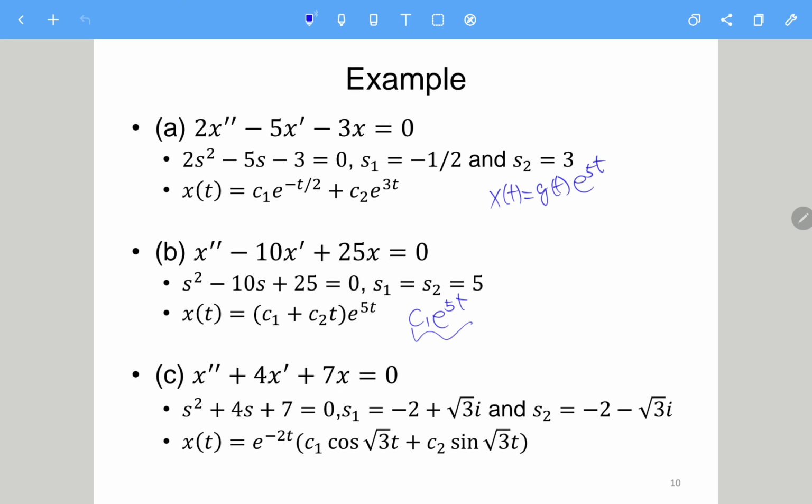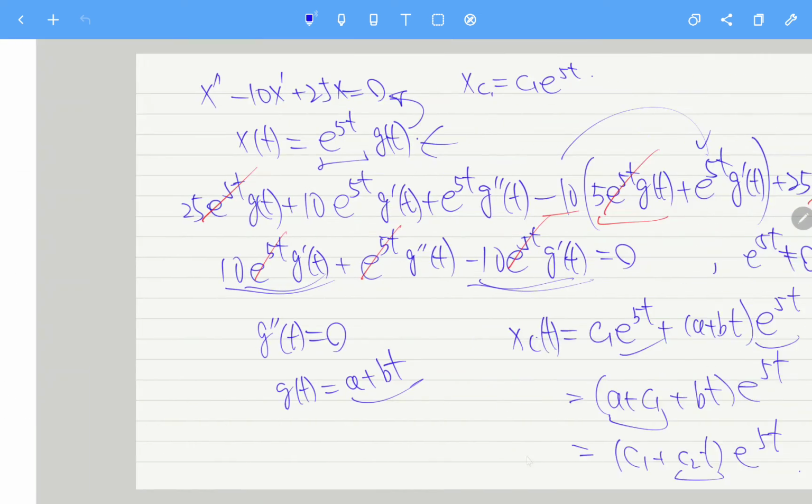You don't really need to derive it from time to time, you just need to remember, oh, this is for distinct real roots, you just plug in the real roots there, and then for repeated real roots, you just have the first order polynomial here, multiplied by this term related to the roots, and then for complex conjugate roots, we have real part here and then imaginary part here.